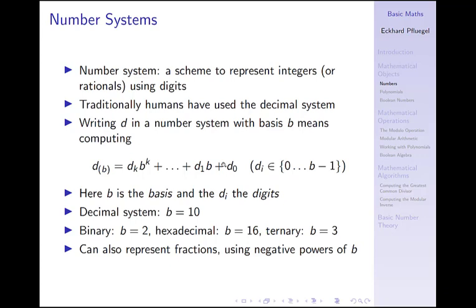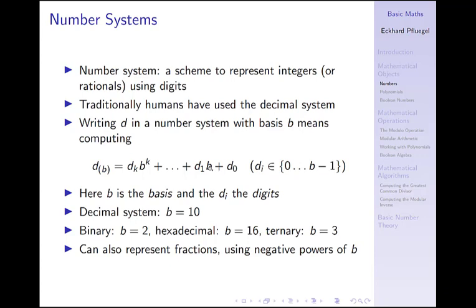That probably looks quite complicated, but really it isn't. It's just that we're so used to doing it that we've lost the appreciation of this more generic expression. Typically if you put b equals 10, then you can clearly see that the digits d_i are chosen from the set of numbers between 0 and 10 minus 1, so simply the digits between 0 and 9.